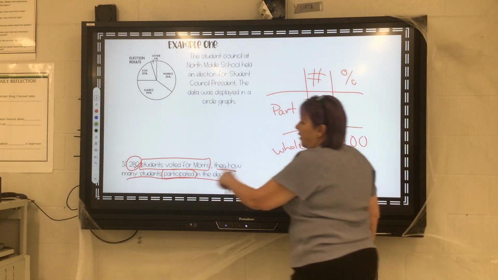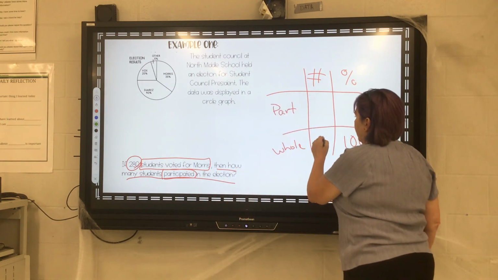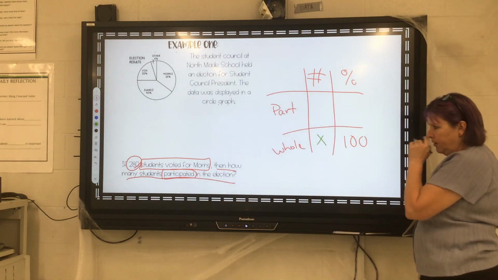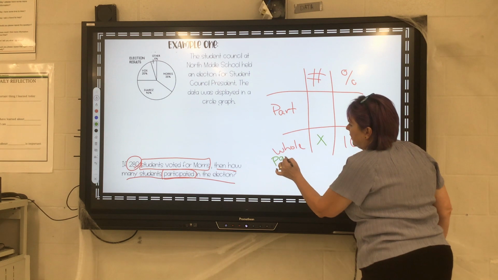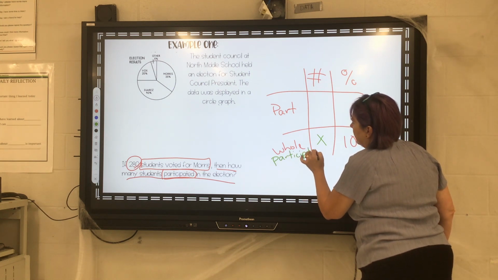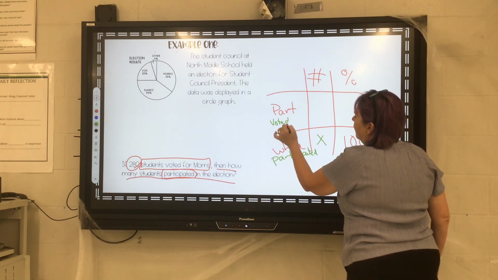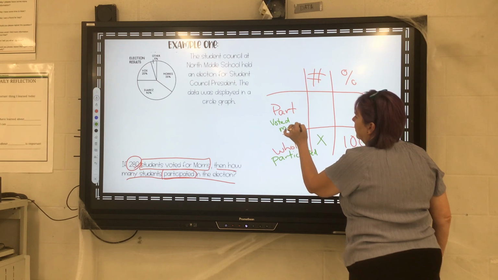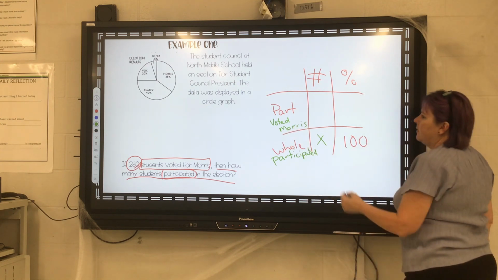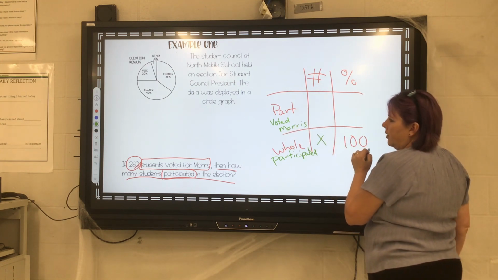We're looking for how many students participated in the election, so we're looking for that whole number. So this is how many participated. Our part is who voted for Morris.